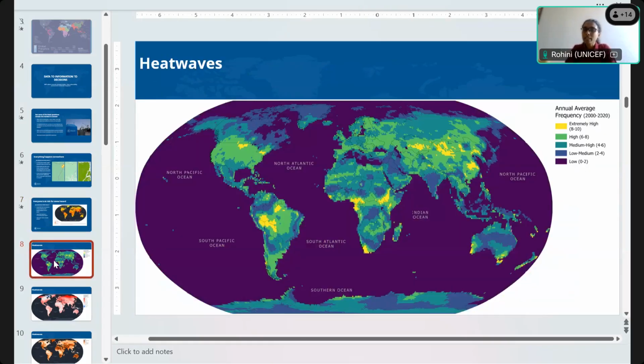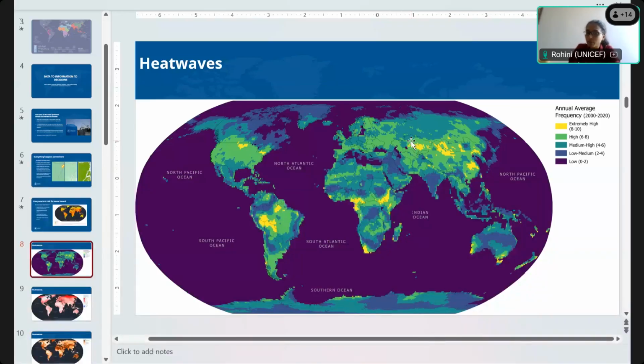We started mapping every single hazard we could think of, which could affect children anywhere in the world, irrespective of where they live. So here is an example of heat waves, taking data all the way back from the 1950s and trying to understand how heat waves have evolved over time.